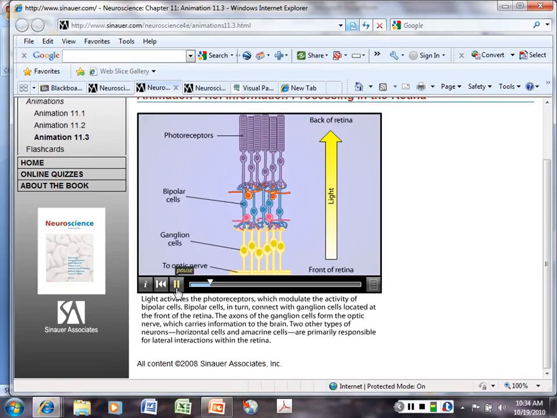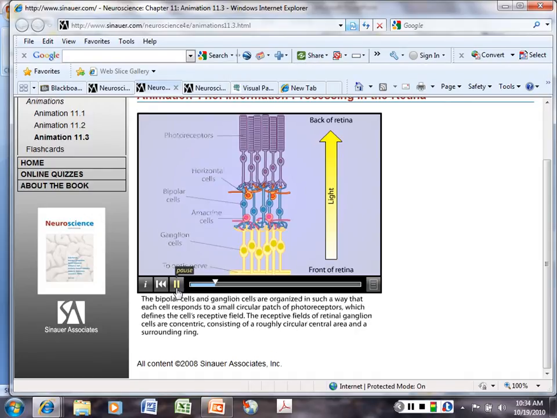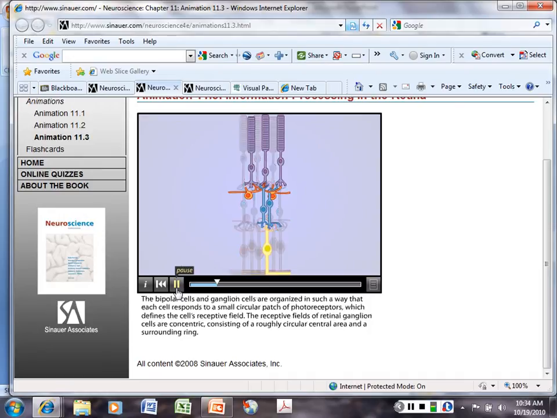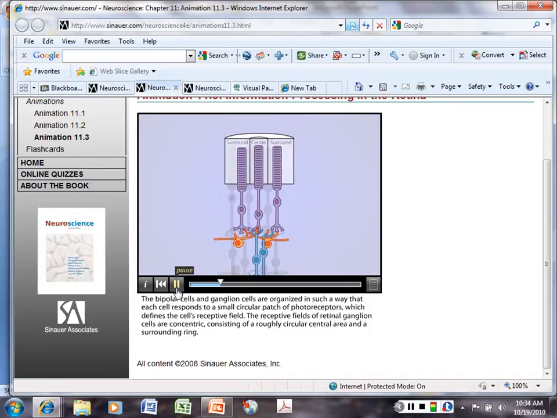Two other types of neurons, horizontal cells and amacrine cells, are primarily responsible for lateral interactions within the retina. The bipolar cells and ganglion cells are organized in such a way that each cell responds to a small circular patch of photoreceptors, which defines the cell's receptive field.